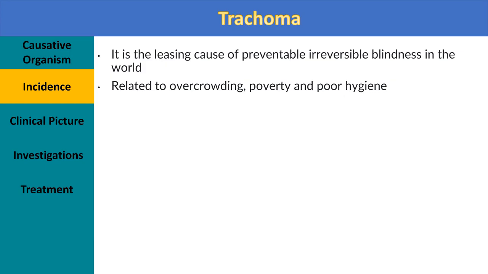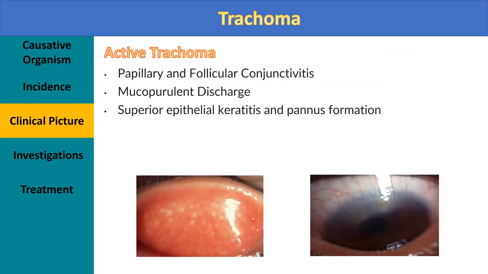Trachoma becomes more endemic in countries where there is overcrowding, poverty and poor hygiene. This is where Chlamydia trachomatis will become more prevalent. The clinical picture: we need to understand an important concept.